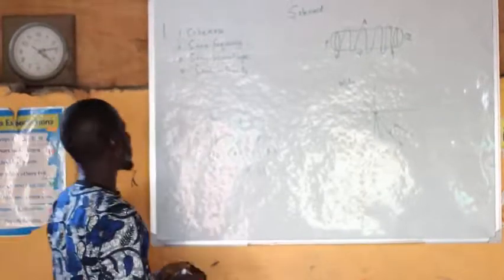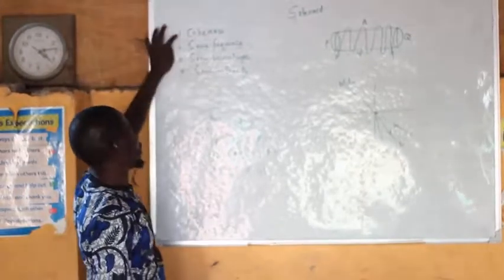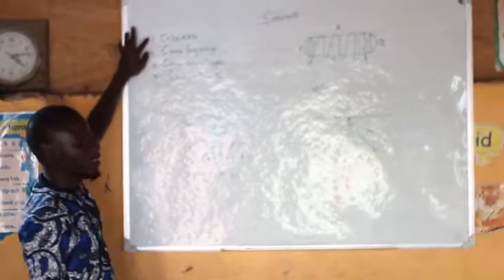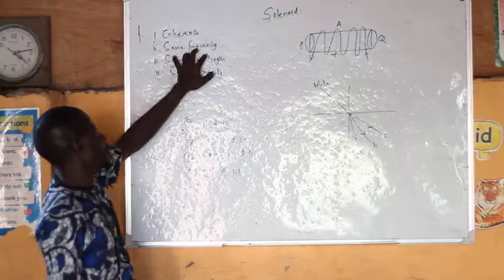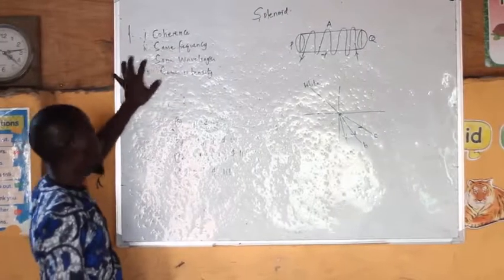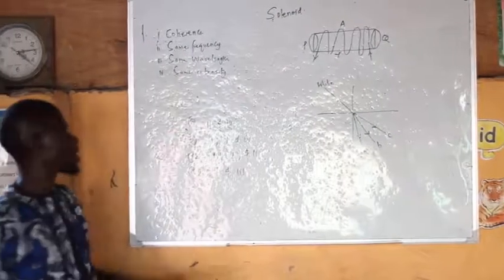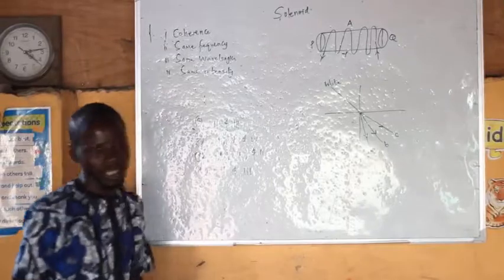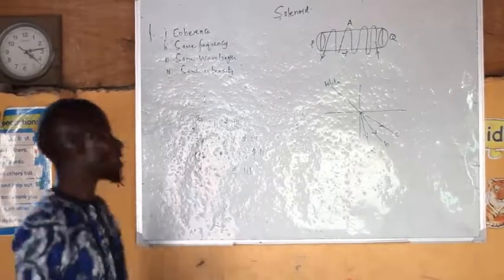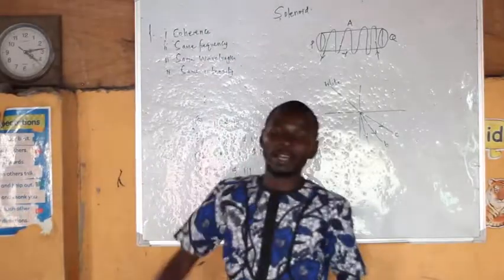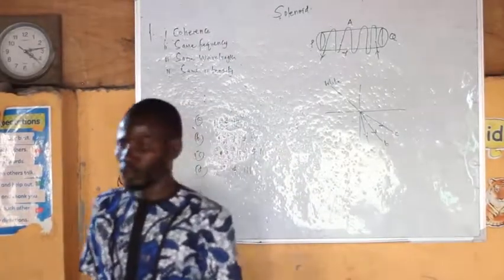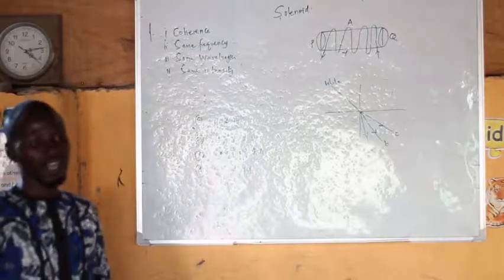The question is asking us which of these can be used to produce interference fringe.